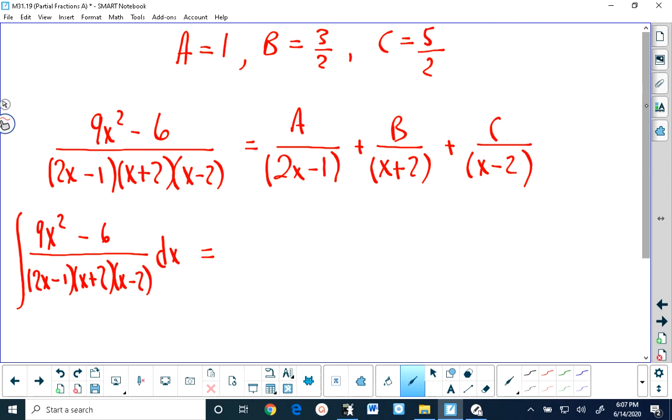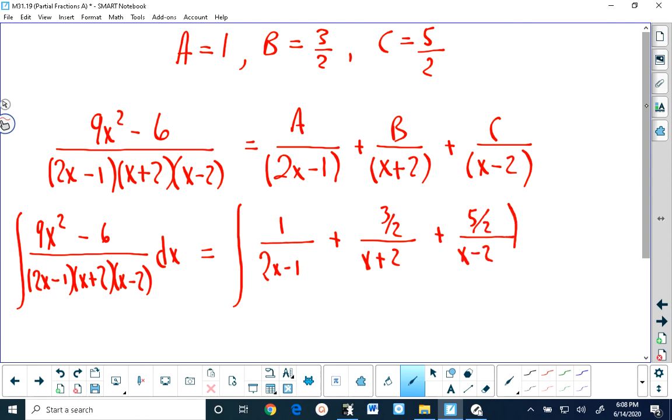But since that rational expression is equal to A over 2x − 1 plus B over x + 2 plus C over x − 2, we can now integrate instead A, which is 1, over 2x − 1, plus B, which is 3/2, over x + 2, plus C, which is 5/2, over x − 2, and that is something that we can handle.